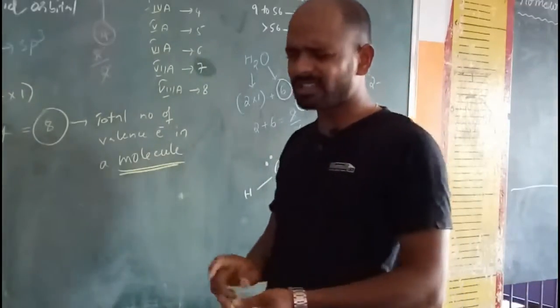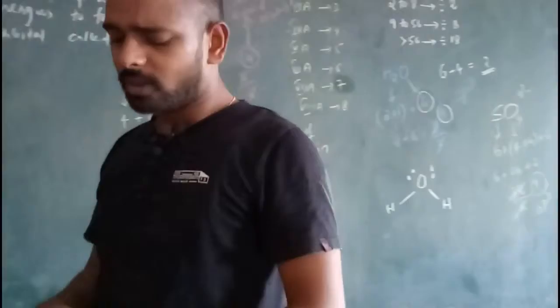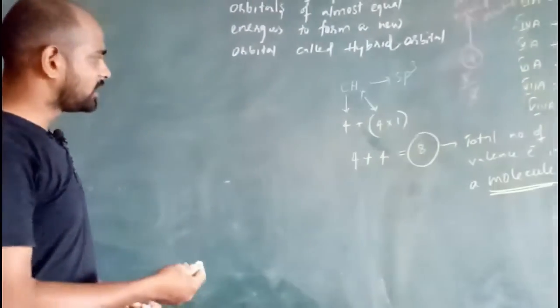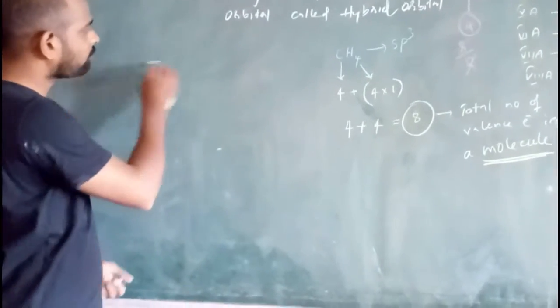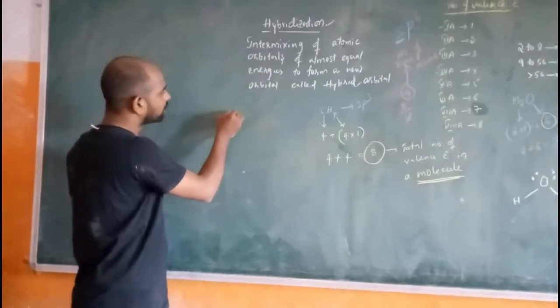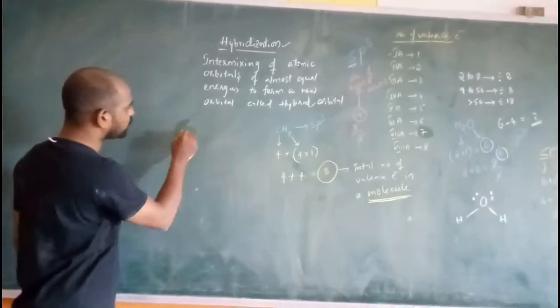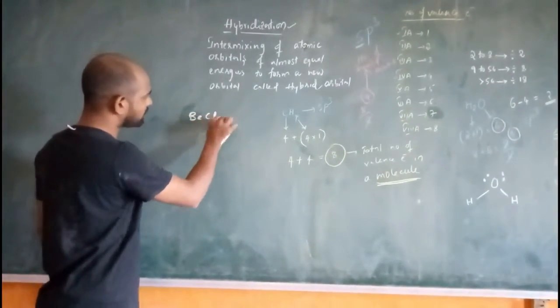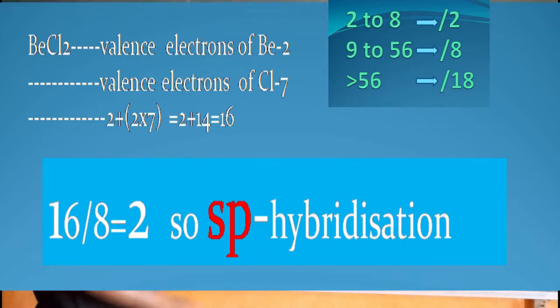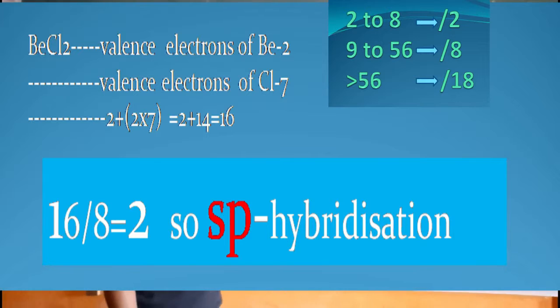In a similar way, consider BeCl2, beryllium chloride. Beryllium belongs to 2A group, so the valence electrons are 2, and chlorine belongs to 7A group.